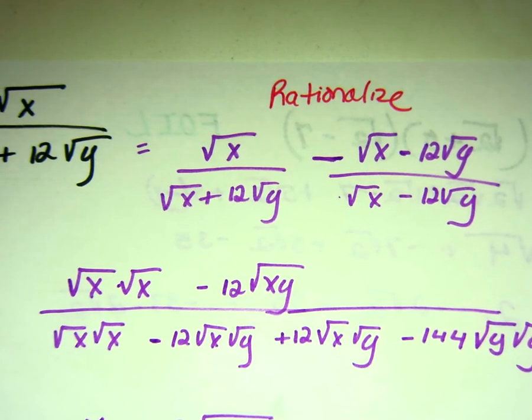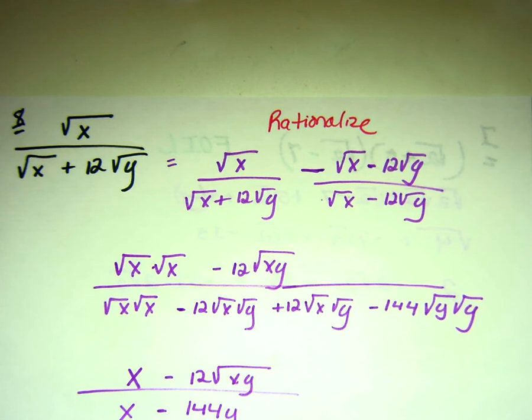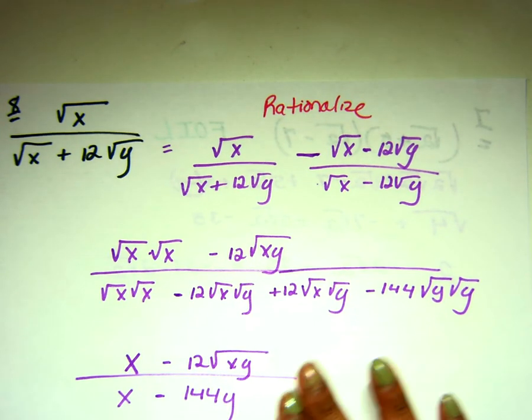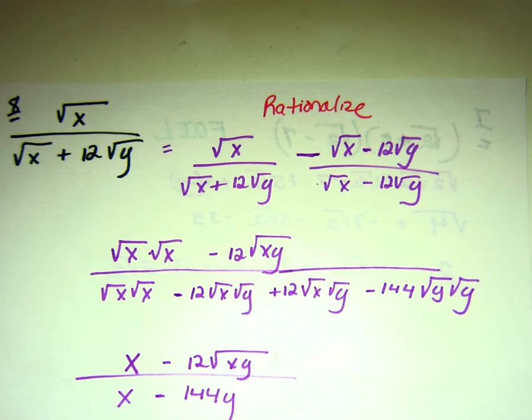Now in regards to radicals and rational expressions, this becomes a little bit more complicated. Whenever you have a radical under the fraction, aka the denominator, you're going to have to rationalize it. And rationalization is pretty much like the opposite. So what we're going to do right here is multiply everything by square root of x minus 12 square root of xy.